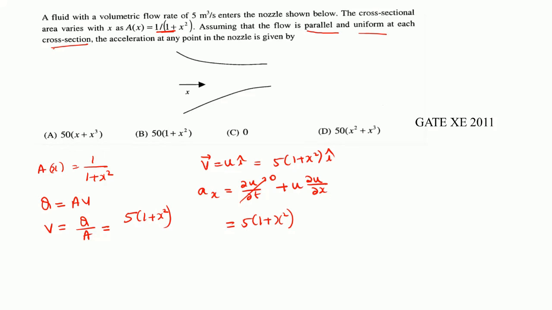Dou u by dou x is 10 into x, correct? So the answer I get is 50 x into 1 plus x square, or it is 50 x plus 50 x cube, correct?